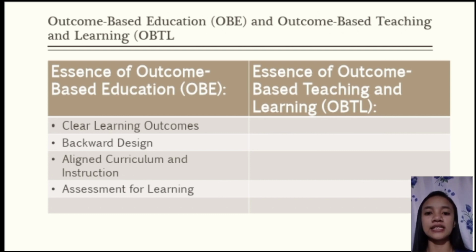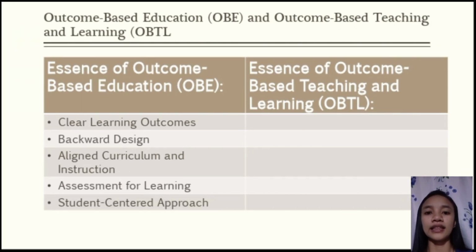And the last one is that OBE is a student-centered approach. It shifts the focus from teaching to learning. It empowers students to take ownership of their learning and encourages active engagement in the educational process.